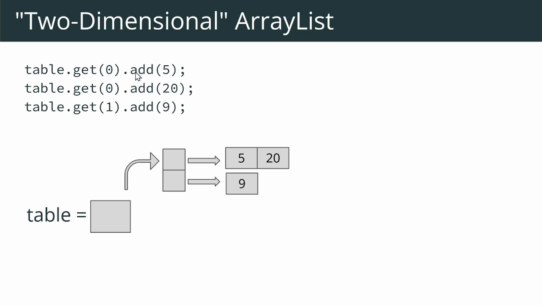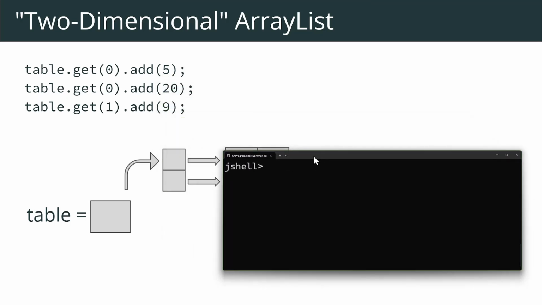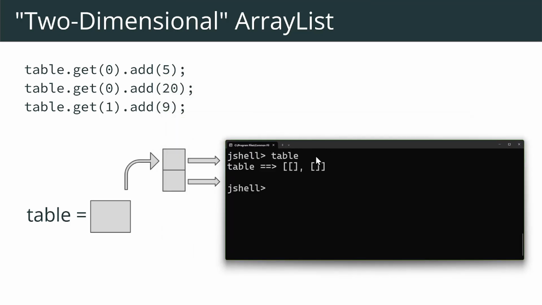It's going to look a little hard to read because we have a method and another method, but we could break this apart. If our table currently has empty rows and we want to add some things to the first array list, we would have to access it first. So I'm going to access the first row, and then I can add an element.